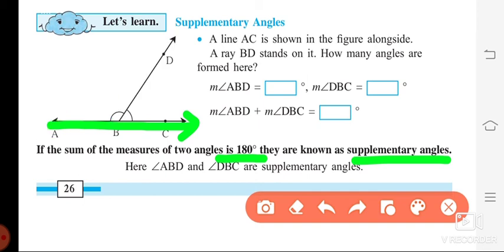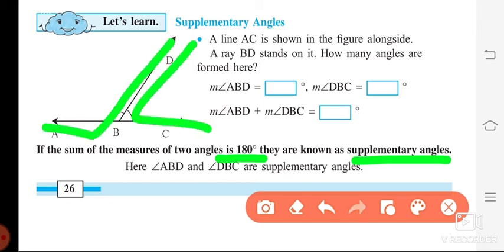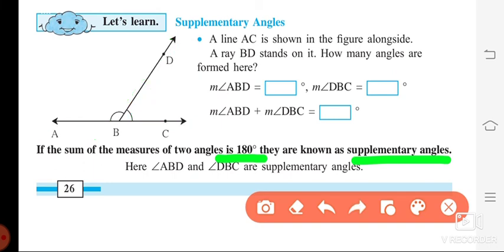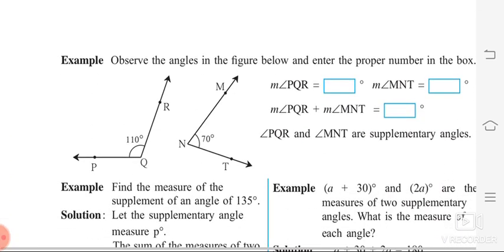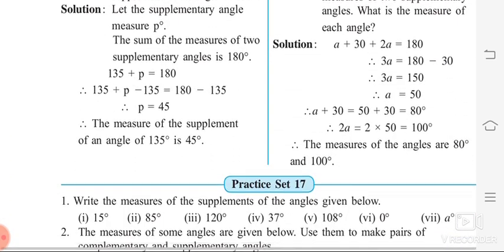When we drew ray BD, we got two angles, angle ABD and angle CBD. When we added these two angles, the total was 180 degrees. Therefore these angles are called supplementary angles. And always remember, one obtuse angle and one acute angle together make supplementary angles. After this we solved the practice set based on it.